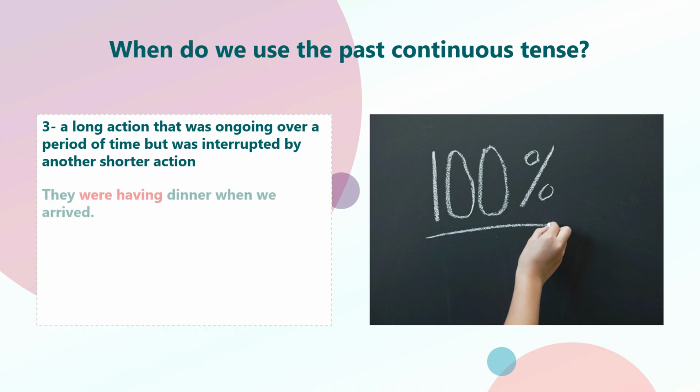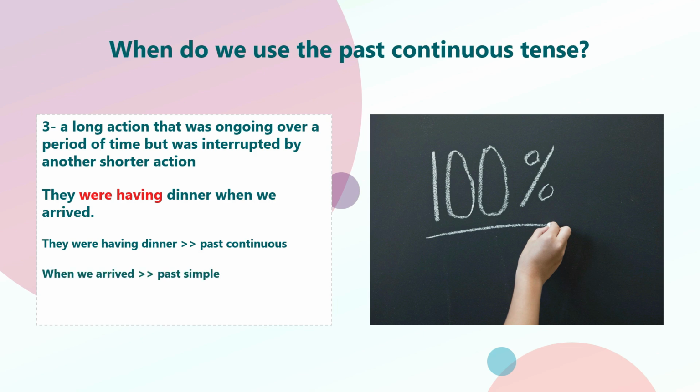For example, "They were having dinner when we arrived." "They were having dinner" is past continuous, the action in progress. "When we arrived" is past simple, the shorter action that interrupts it.